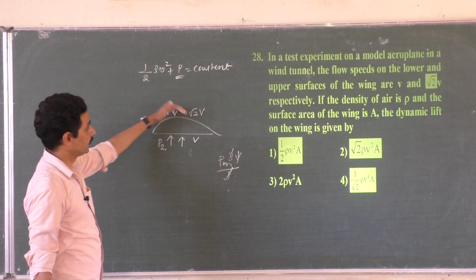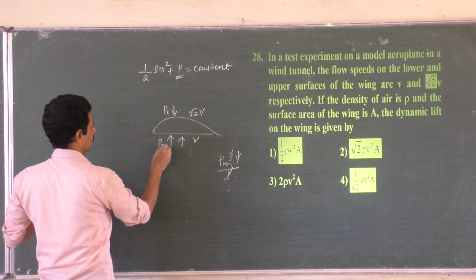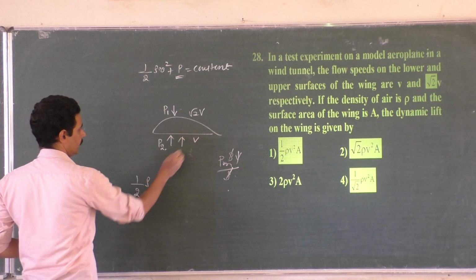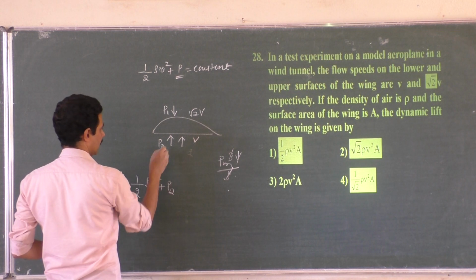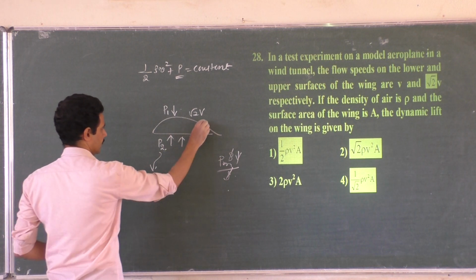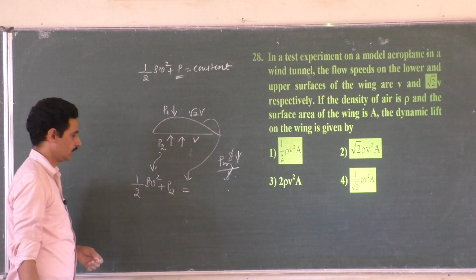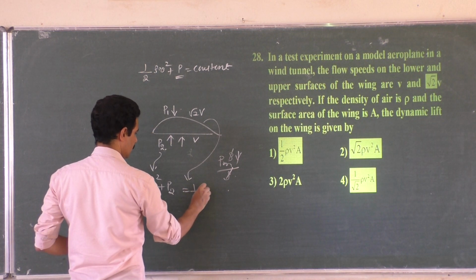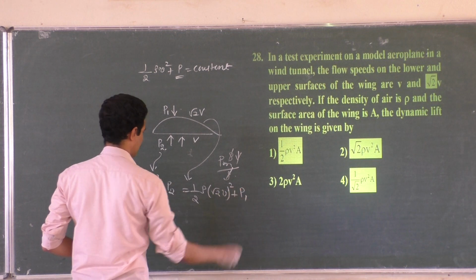Now you write it for both the surfaces, the upper surface and the lower surface. Half rho v square plus P2 here. This is for the lower surface. For the upper surface, I will write it here, must be equal to half rho root 2v whole square plus P1.